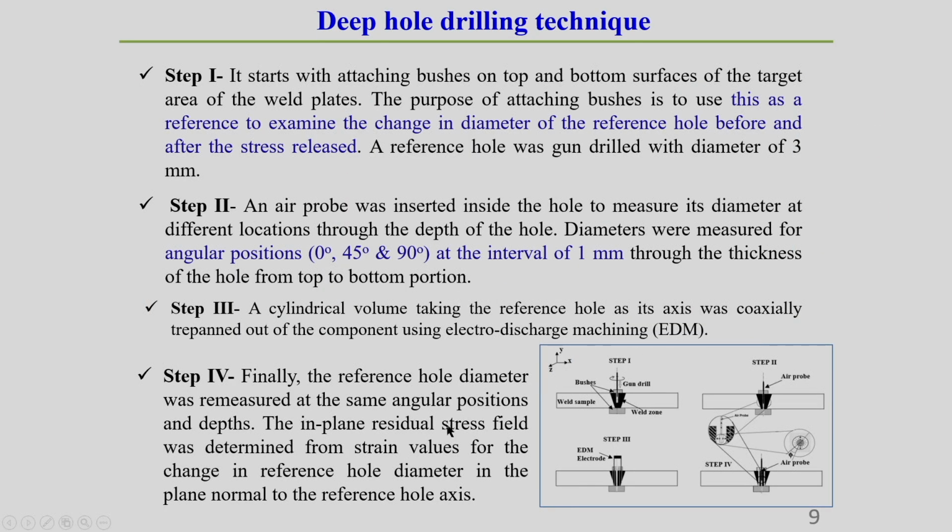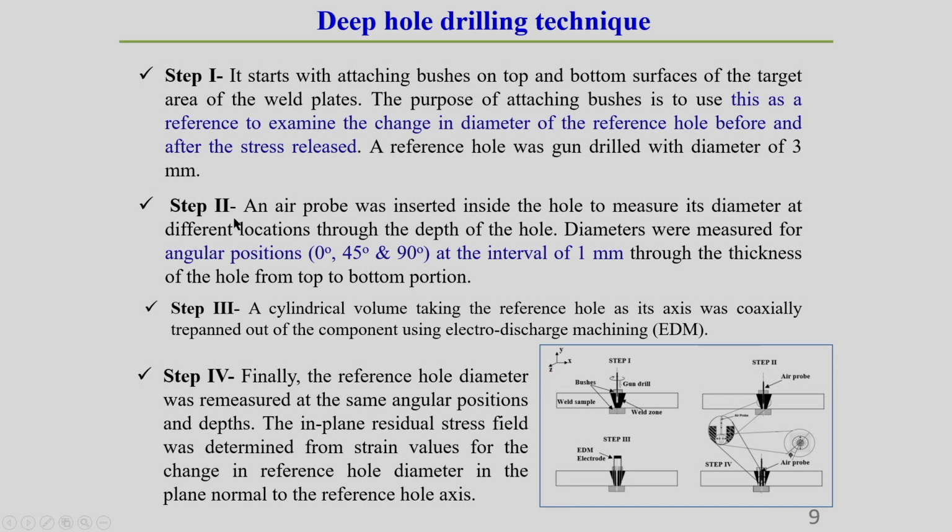So, these are the different steps which I have explained here. In step 1, the purpose of attaching the bush is to use it as a reference to examine the change in diameter of the reference hole before and after the stress release.